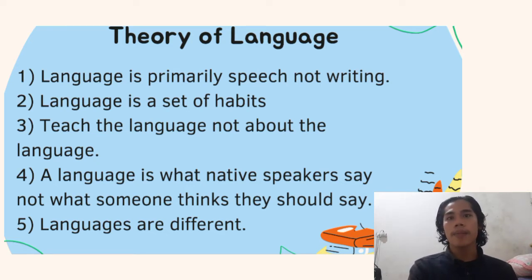The next, grammatical explanations are kept to a minimum. The next, vocabulary is taught in context. Next, audio-visual aids are used. The next is the focus is on pronunciation. And the last is correct responses are positively reinforced immediately.